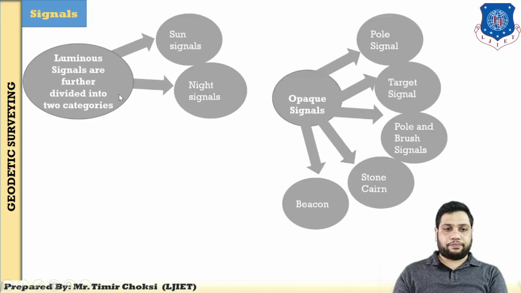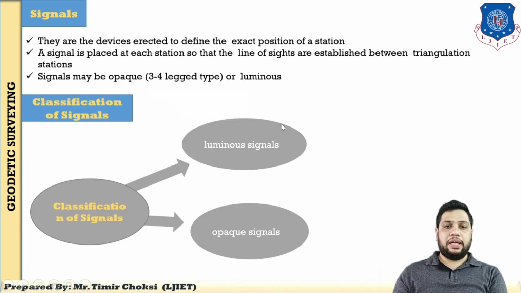Luminous signals are further divided into two categories: sun signal and night signal. And non-luminous or opaque signals are classified into five types: pole signal, target signal, pole and brush signal, stone cairn and beacon. All the signals are placed at each station to establish the line of sight, so the line of sight between the station mark and the signal mark is clearly visible.